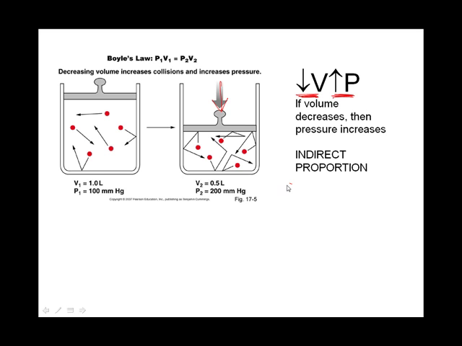However, please note that the constant in this relationship, what is not changing, is that temperature is not changing, the speed of the molecules has not sped up or slowed down, and the number of particles has not changed.